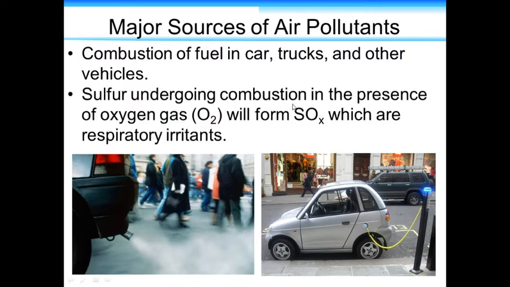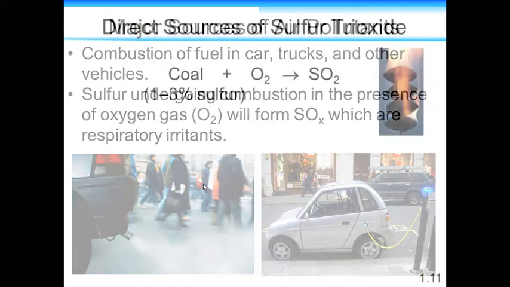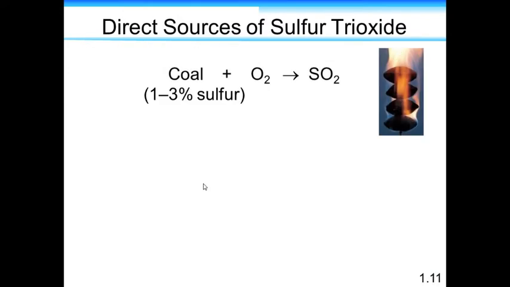Sulfur-containing gases can also be emitted in car exhaust. If you look at the chemical formula, coal, which is mostly carbon but has some sulfur, plus oxygen, can form sulfur dioxide. Sulfur dioxide can further react with oxygen to form sulfur trioxide.